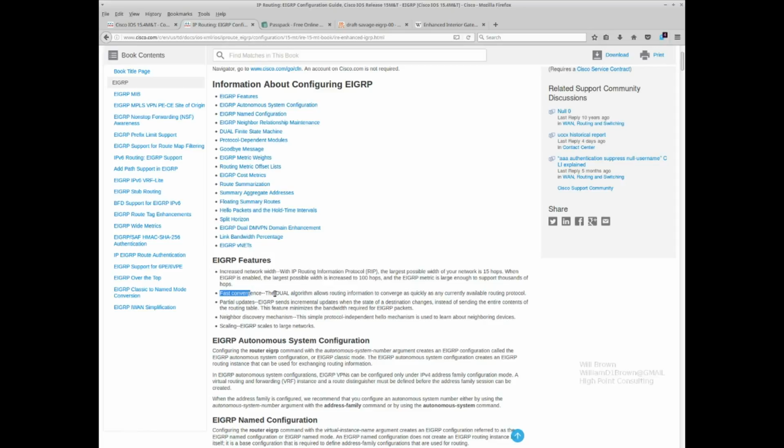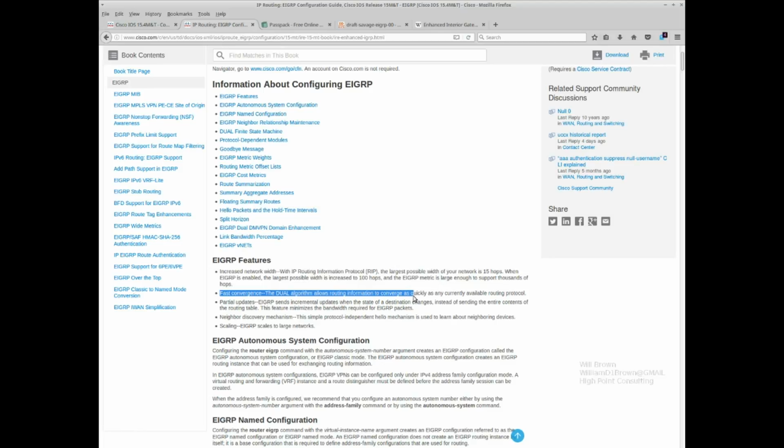Where I was headed with that is fast convergence. That is the Bible of EIGRP, and that fast convergence comes out of the capacity of EIGRP to maintain multiple paths to a destination and have those paths at the ready, waiting to be cut over and put into production and active use.